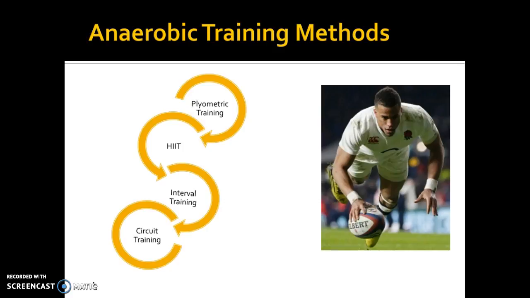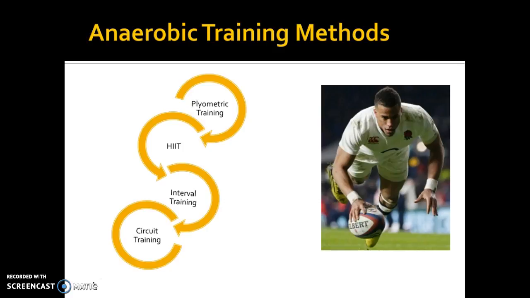Anaerobic circuit training will mainly involve, for a rugby player, weight circuits, so working on shoulders, legs, chest, arms in each station.